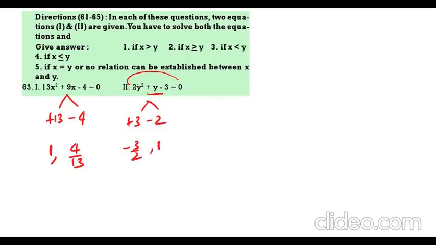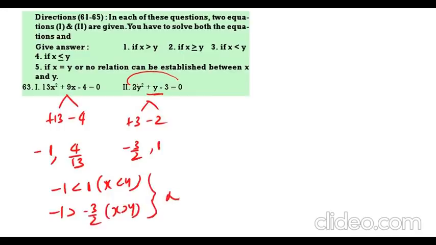So here also minus 1. This is minus 1, because minus 1 is less than plus 1, so x less than y. And minus 1 is greater than minus 3 by 2, x greater than y. Therefore, again there is no relation.